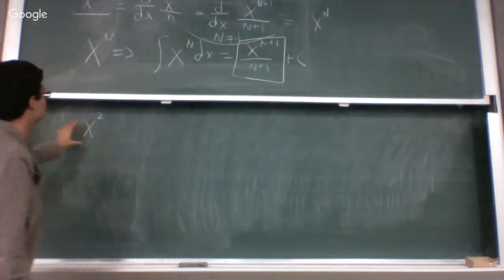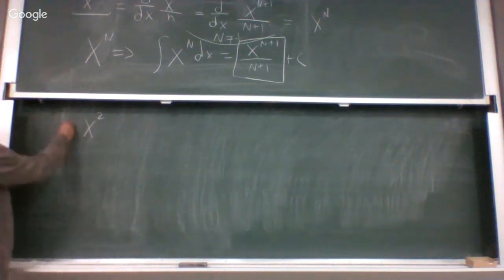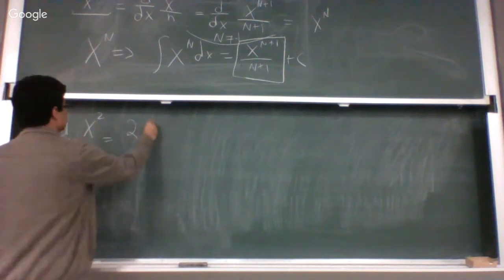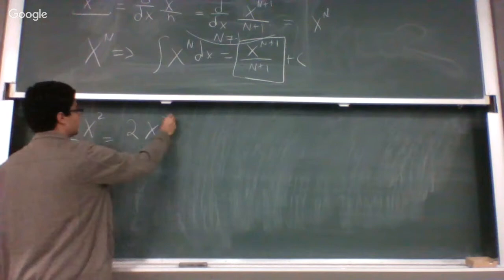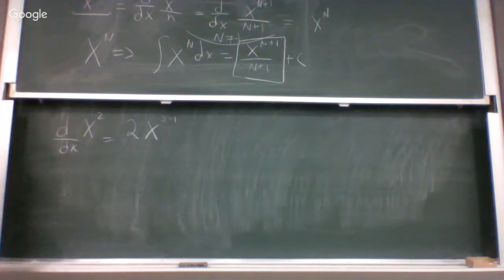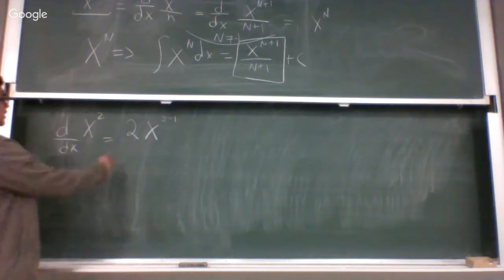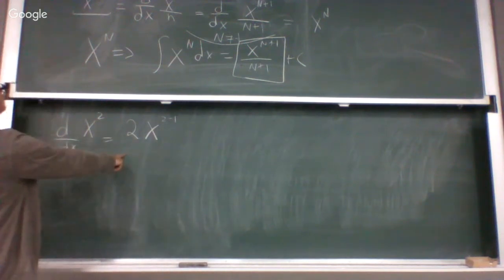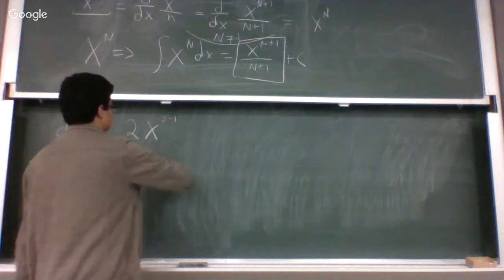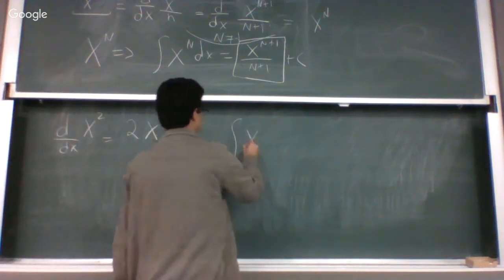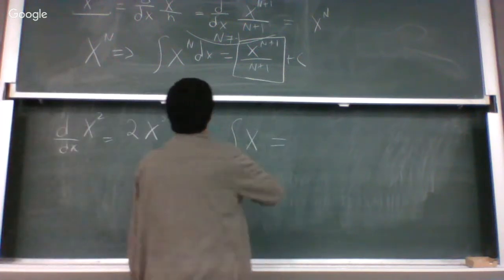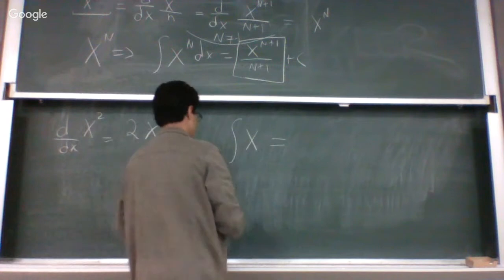So looking at x squared, just doing the derivative of it, what do we get? 2x. Because we had 2 minus 1. If we were to take the integral of, let's do x, that x is, so we need dx.